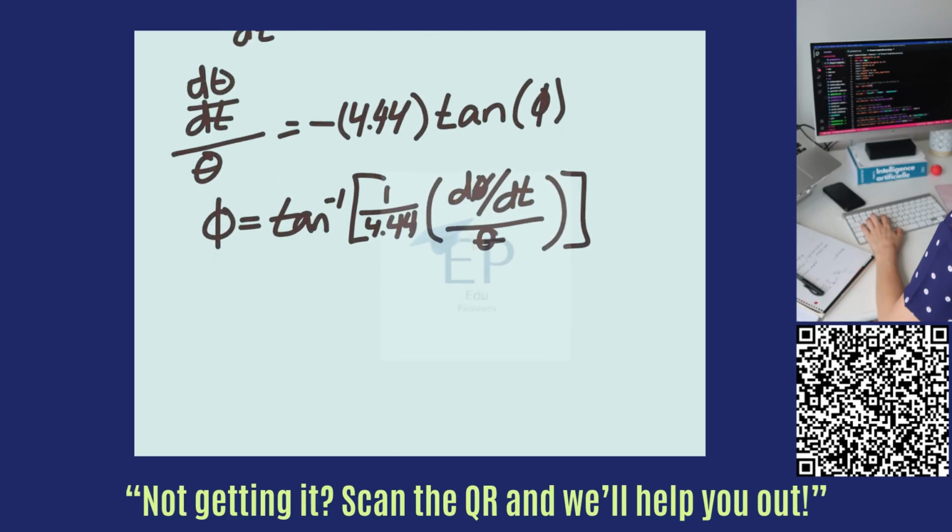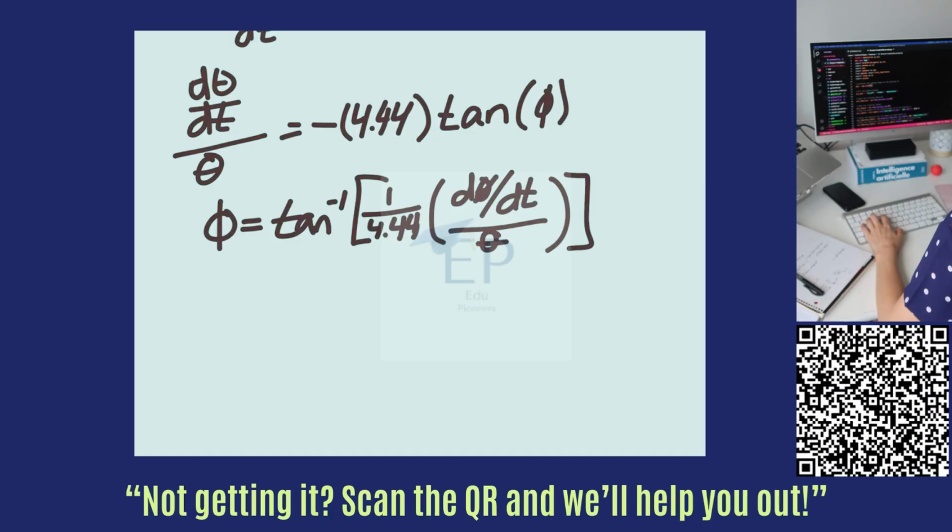And we can go ahead and substitute in our known values in order to figure out what phi will be.